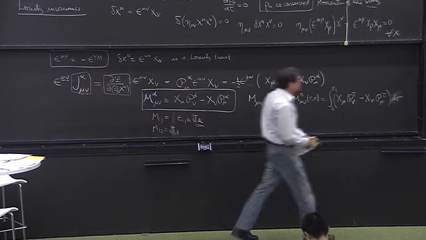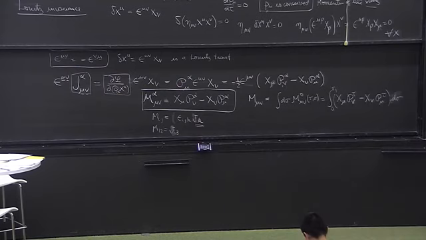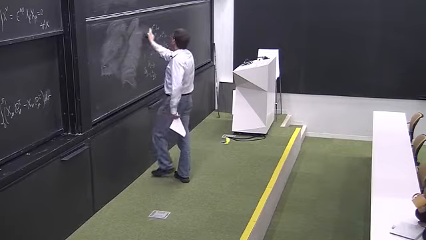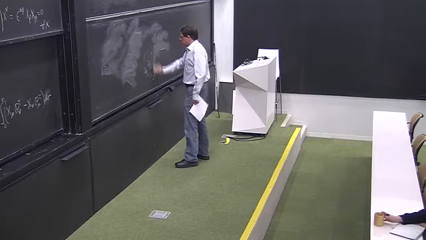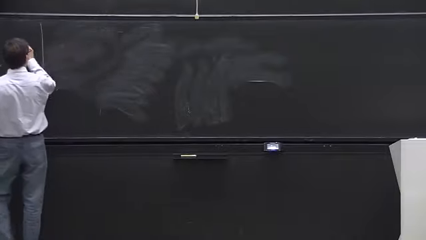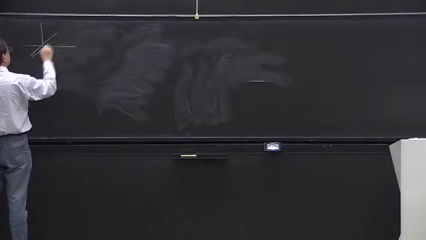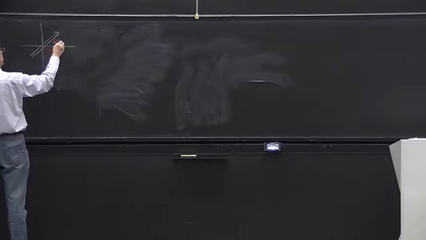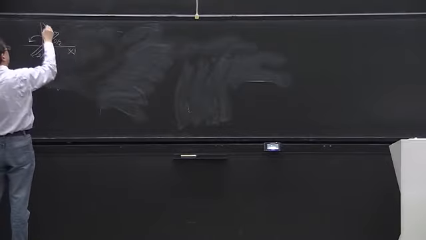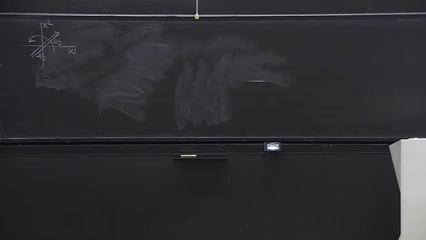We can do an exercise that I will just tell you what happens with. If you have our rotating string of last lecture, remember it was L over 2, L over 2. It was rotating in the x1, x2 plane. It will have an angular momentum, and the angular momentum would be M12.